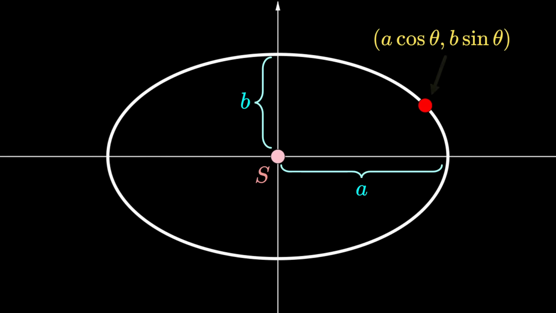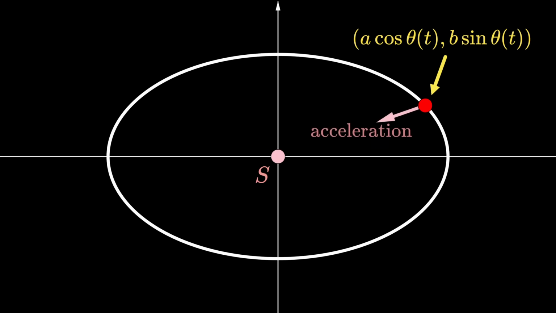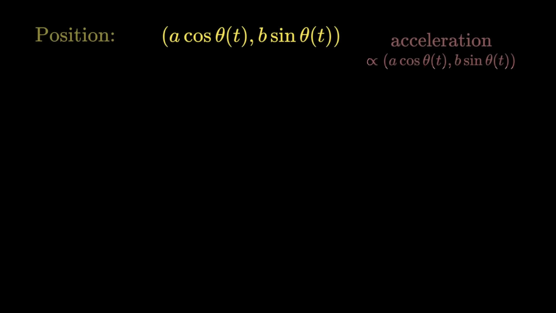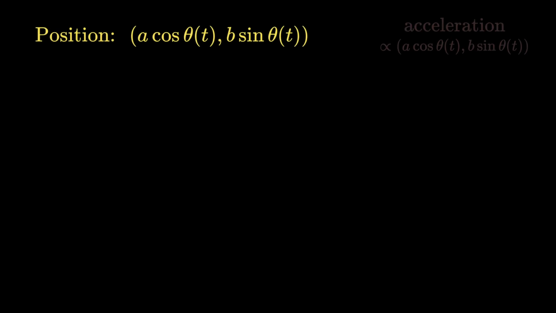As the particle goes around the orbit, theta changes with time, so the parameter theta depends on time. Since we chose the origin as the center of attraction, the acceleration should point towards the origin, so it is in the direction of (a cos theta, b sin theta). Now we just need to compute the acceleration given that the position is this (a cos theta, b sin theta).